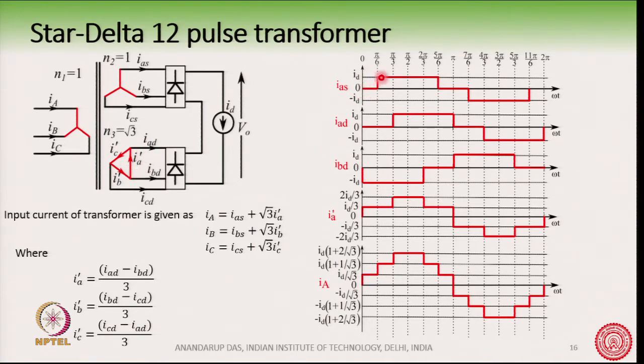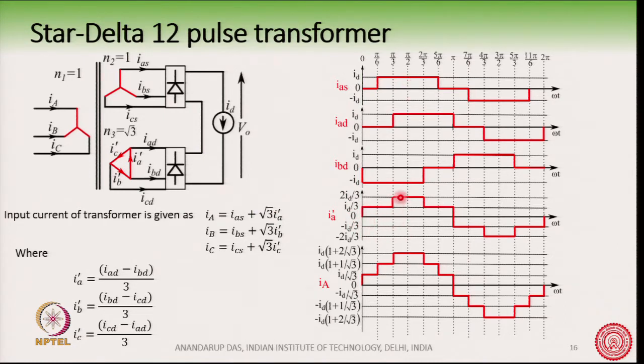So, we have IAS here and we have IA dash here. These two waveforms we have now obtained. Now, we would like to know what is I capital A, for which we use this relationship with IAS and IA dash. Both of them we have obtained. Now, we have to multiply IA dash by root 3 and add it to IAS.